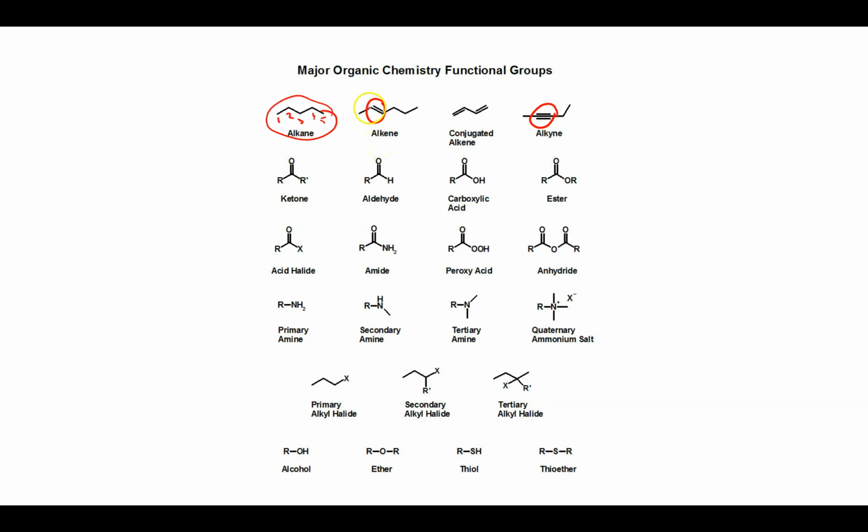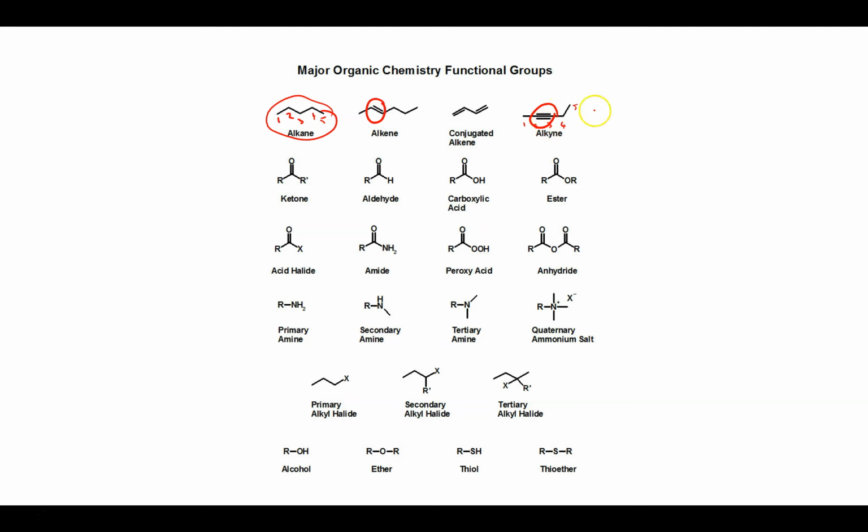This is also 5. 1, 2, 3, 4, 5, 6. Actually, that's 6, sorry. So this becomes hexene, because it's got an alkene group there. And this one has a triple bond, so that's an alkyne. And it would be 1, 2, 3, 4, 5. So that'd be pentyne. And it would be numbered in the way that gives the functional group the lowest possible number. Now remember, the functional group is the most reactive part.